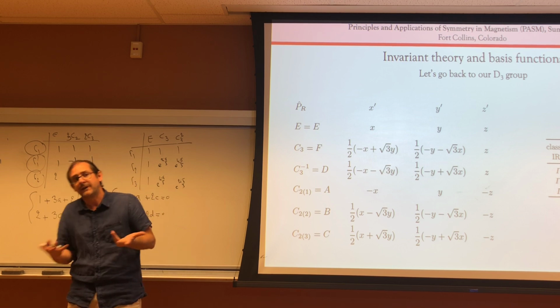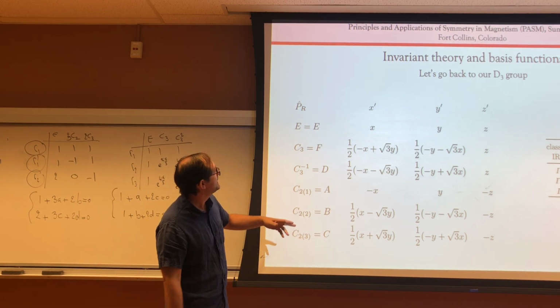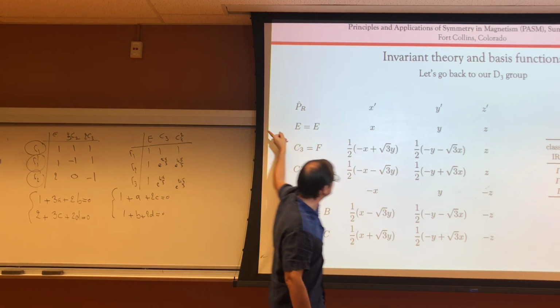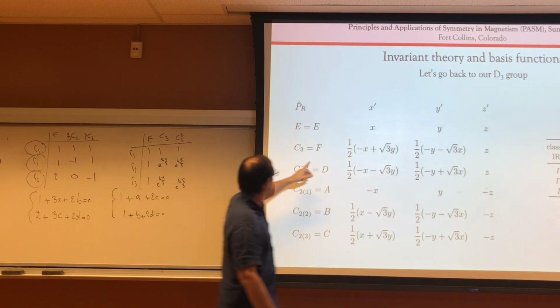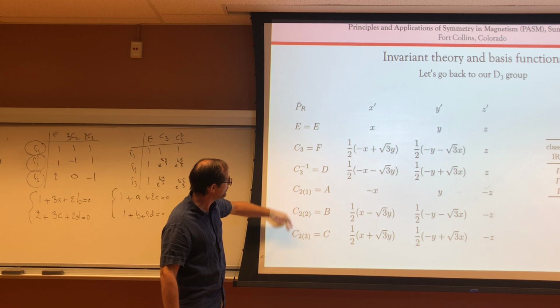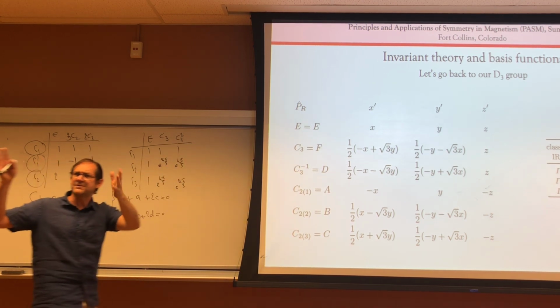I'm going to set up a frame, XYZ, and see how an XYZ vector transforms. Under the identity, nothing happens. Under the rotation, so there's the 3-fold rotation and the 2-fold rotation, you can show, I'm not going to do it, but remember vaguely the matrices that we talked about.